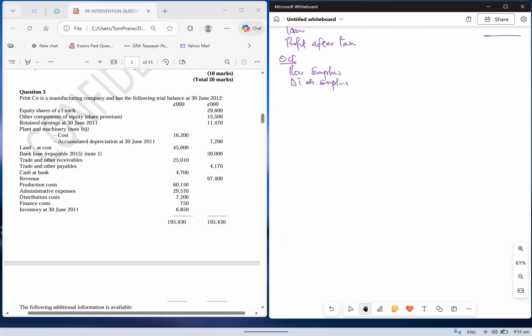Now, from the statement, we can also do our SOFP as at 30th June. So you are supposed to do this thing without even reading much of the question.